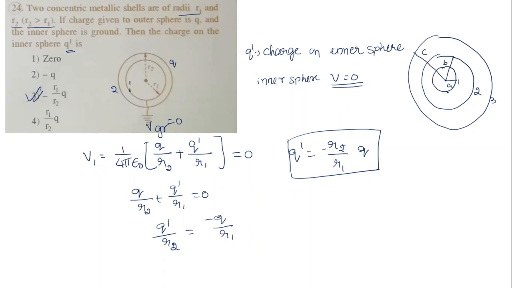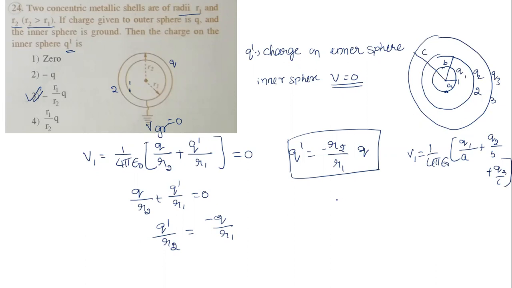If I find the potential of the first sphere, V1, it is 1 by 4 pi epsilon naught into Q1 by A plus Q2 by B plus Q3 by C, taking charges Q1, Q2, Q3.